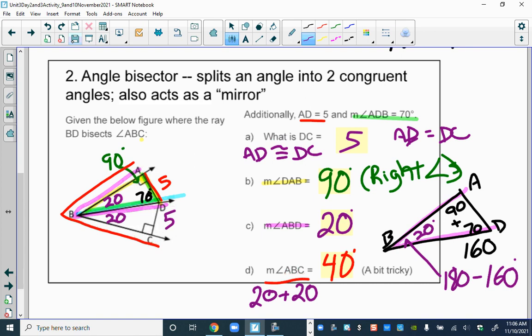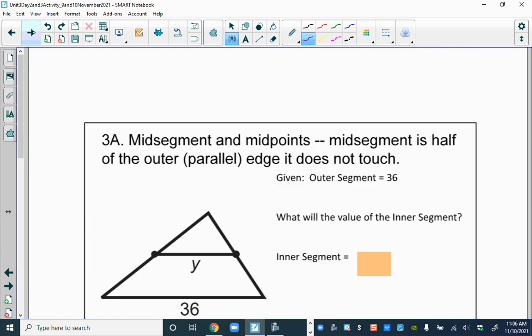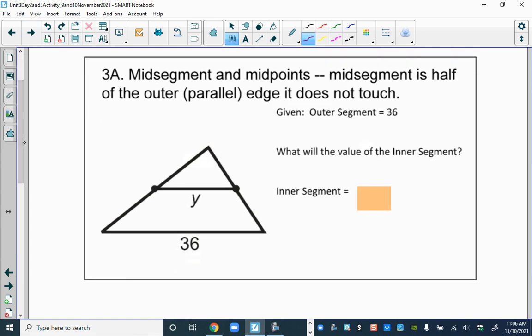All right, the last thing I want to do. 3A and 3B are going to be the same. Because with the mid-segment and midpoints, remember, the mid-segment, or your inner segment, which we'll denote as inner, is half the outer, or the parallel edge.